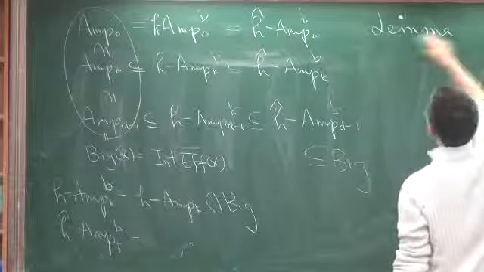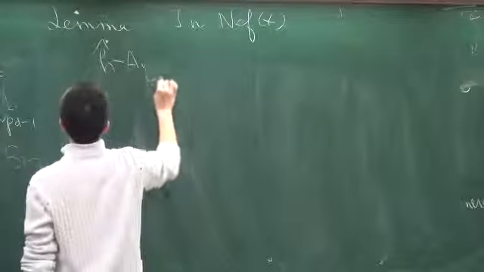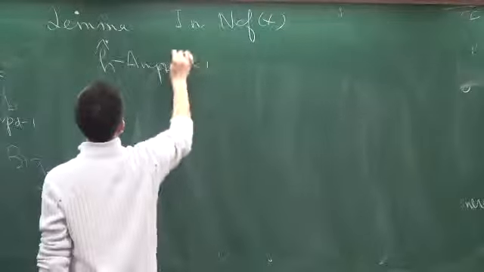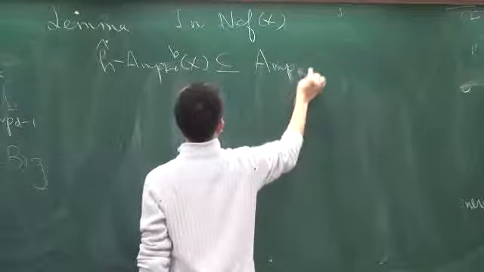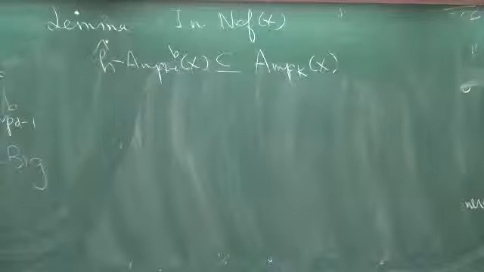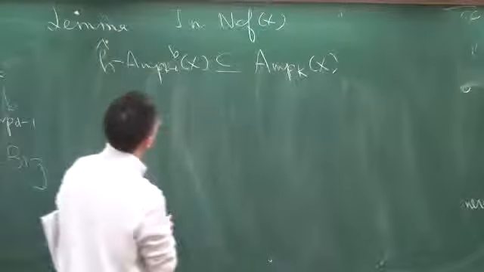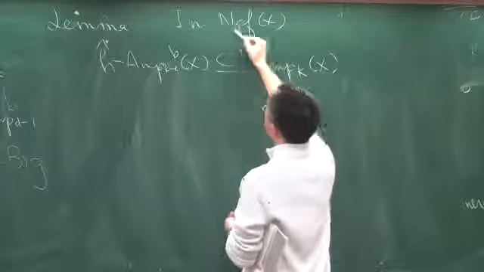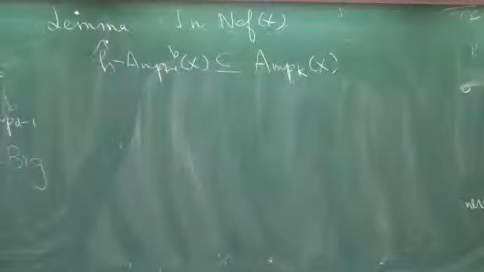So if you restrict these again to the nef cone, H amp K minus 1 X B is indeed contained in amp K X. Then this holds. So you have to restrict again to the nef cone. Then this cone is contained in here, this is contained in here, and you have a chain of cones.